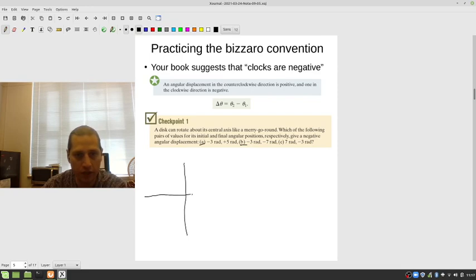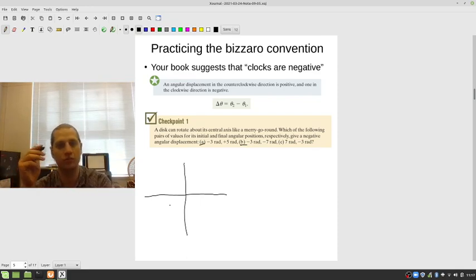Now it's a little tricky to think about because every 2 pi you go around the circle again. So if you have 2 pi, 4 pi, 6 pi, those are all the same position, but you use a different number because it says to me, I've gone around the circle once, I've gone around the circle twice, I've gone around the circle thrice. So that sort of thing is to me the most confusing issue here.